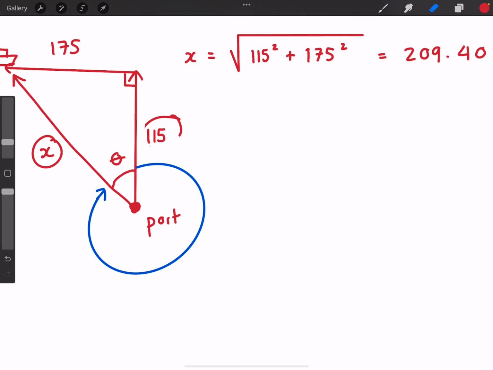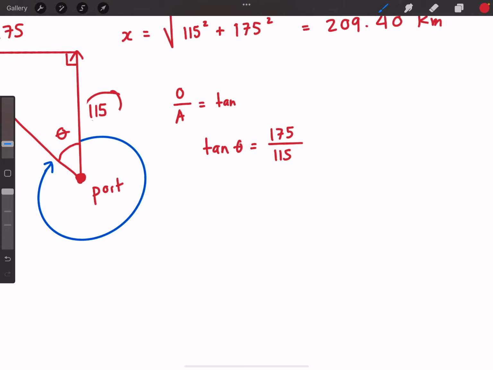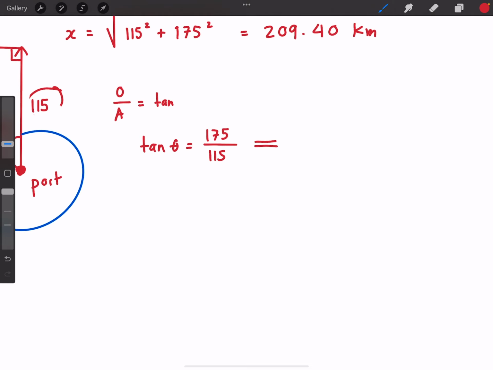Alright. So what you want to do is opposite over adjacent, and this is equal to tan. So tan of theta is equal to opposite, which is 175, over adjacent, which is 115. So therefore, to find the angle theta, we must do tan inverse of 175 over 115.